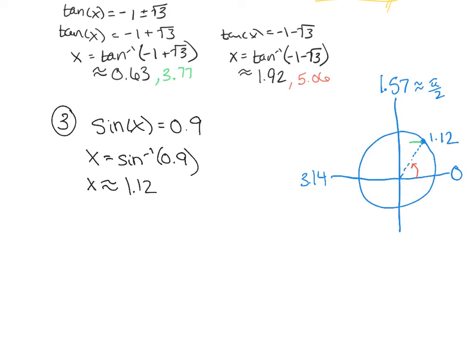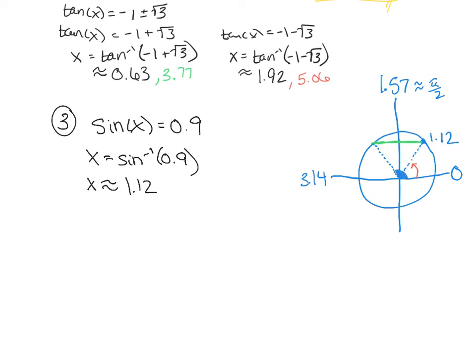So what I'm going to do is go across my circle. I'm going to say, hey, this spot right here has the same y value, right? So I'm looking for whatever this angle is right here.